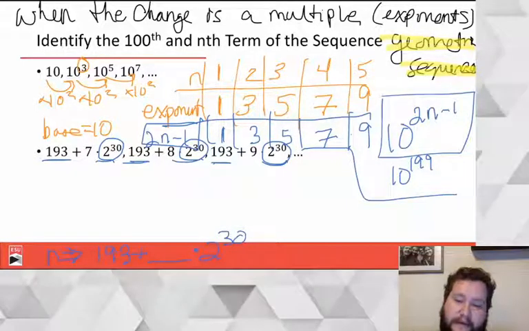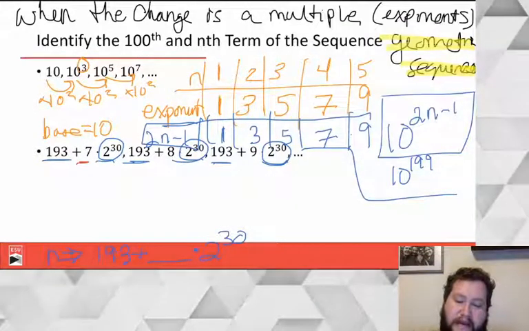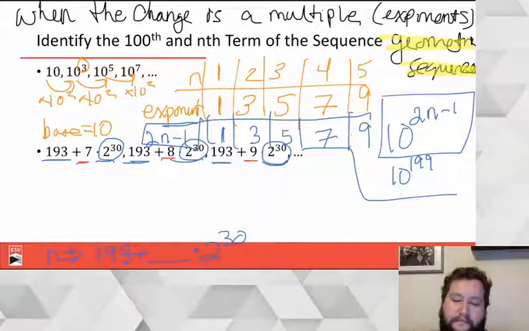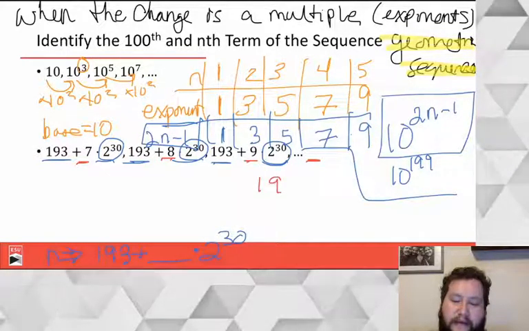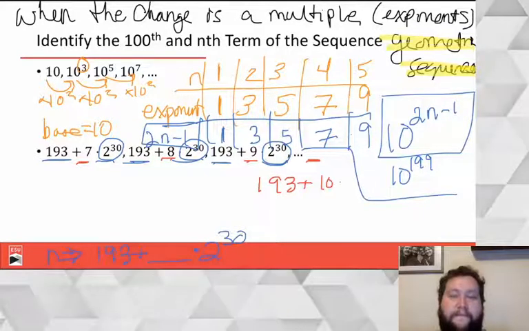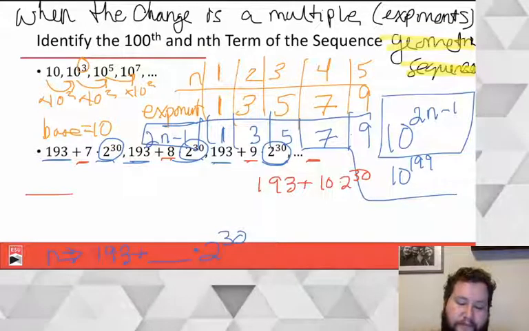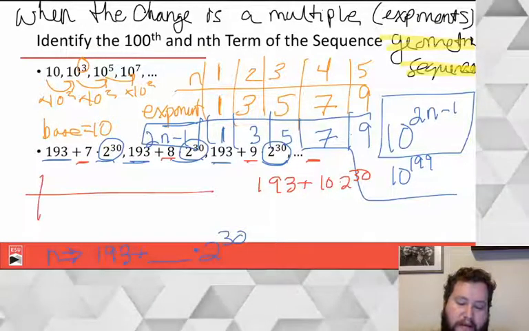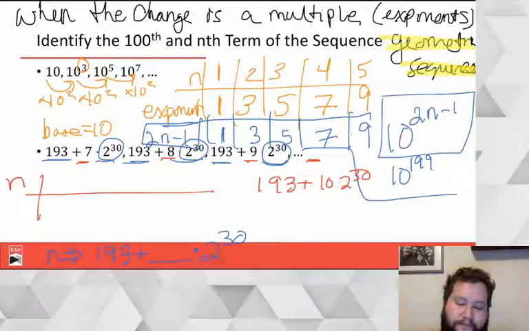And so let me pick a different color. 7, 8, 9. The next one would be 193 plus 10 times 2 to the 30th. And so let's go ahead and make our table. Our n and then our term.